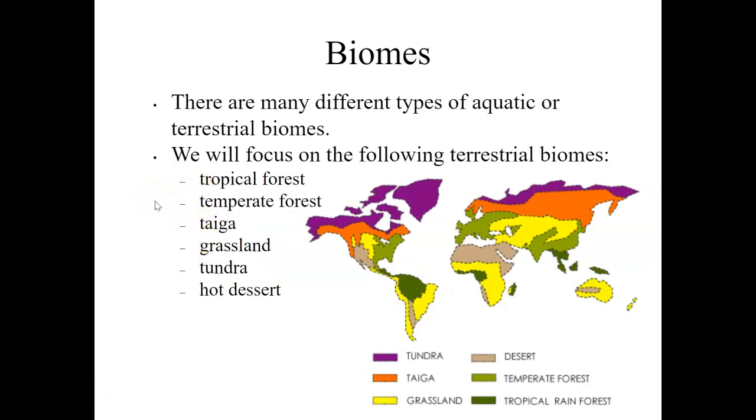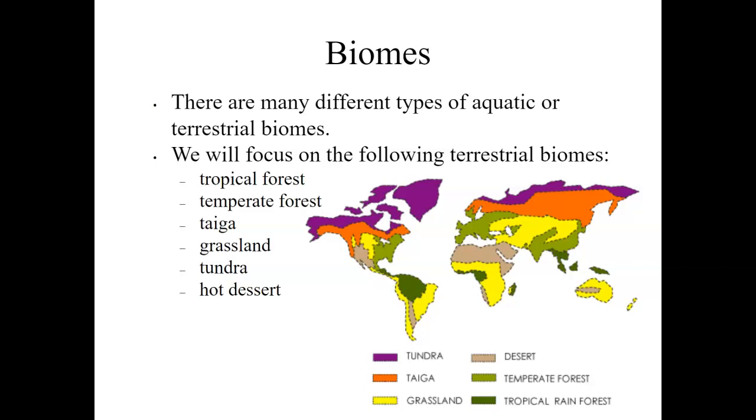There are many different types of aquatic or terrestrial biomes. Aquatic biomes are going to be the biomes that involve water mostly. And there are both freshwater aquatic biomes as well as saltwater aquatic biomes. And then there are parts that are a mixture of both, which have brackish water. Freshwater biomes would be things like lakes and rivers, versus saltwater biomes or marine biomes, which are oceans.